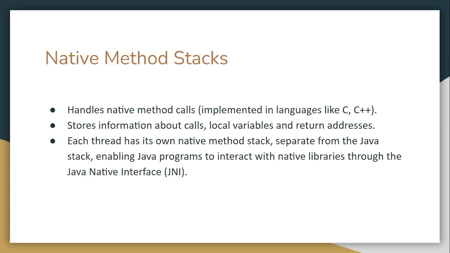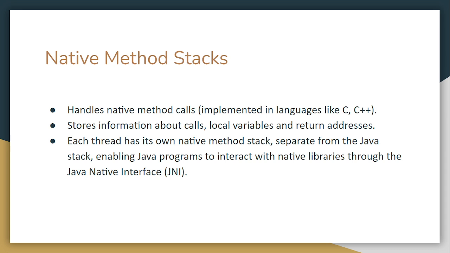Next is native method stack. So it is used to handle native method calls, which are implemented in languages like C, C++, which stores information about calls, local variables, and runtime address.